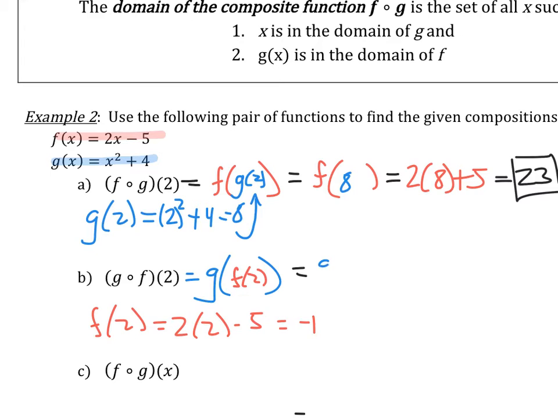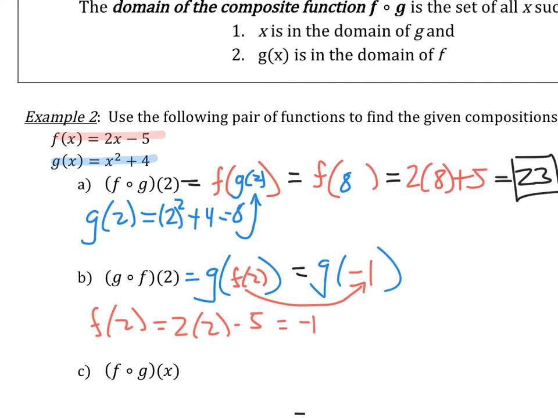So that means we put this negative 1 in place of f of 2, and we get g of negative 1, because f of 2 is negative 1.